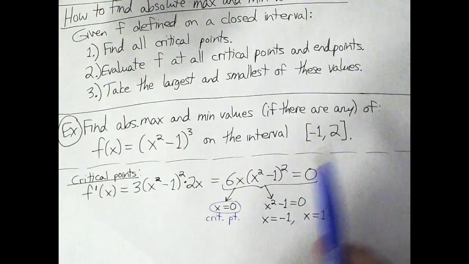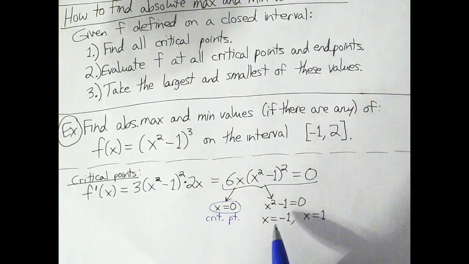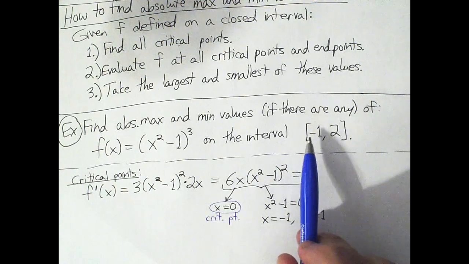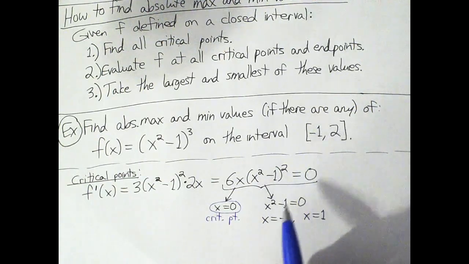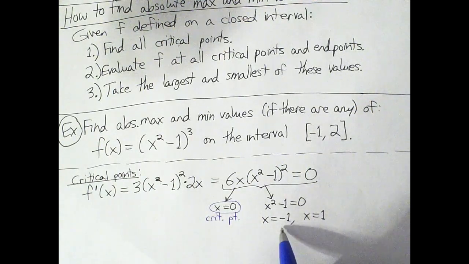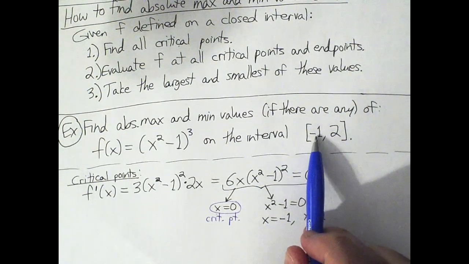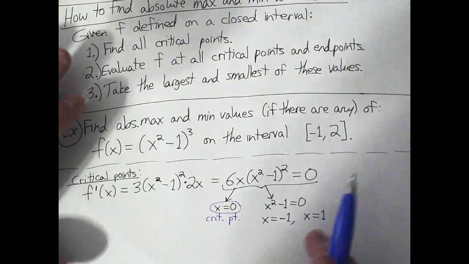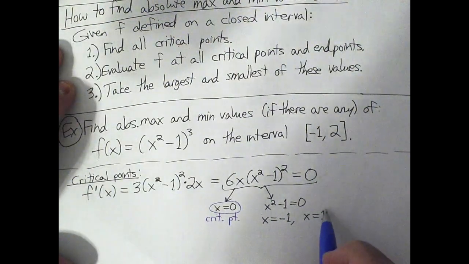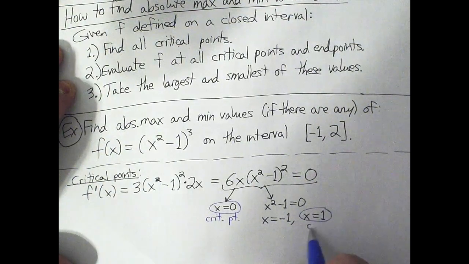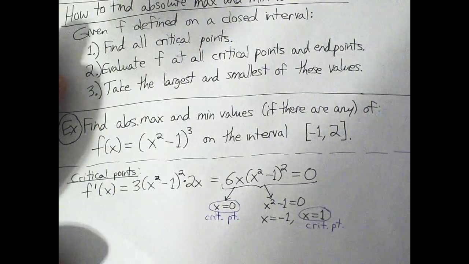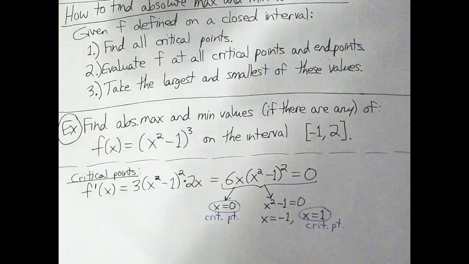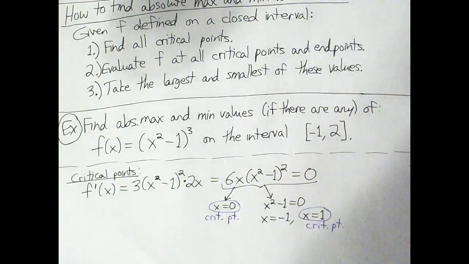That's the little subtlety here: technically this is an endpoint, and it doesn't really fit the definition of a critical point because it's not an interior point. It doesn't have points to the left and right of it in the domain, so I'm not going to circle it. I am going to circle 1 and say that this is a critical point. So if you just asked me to find all the critical points or critical numbers, I would say x equals 0 and x equals 1.